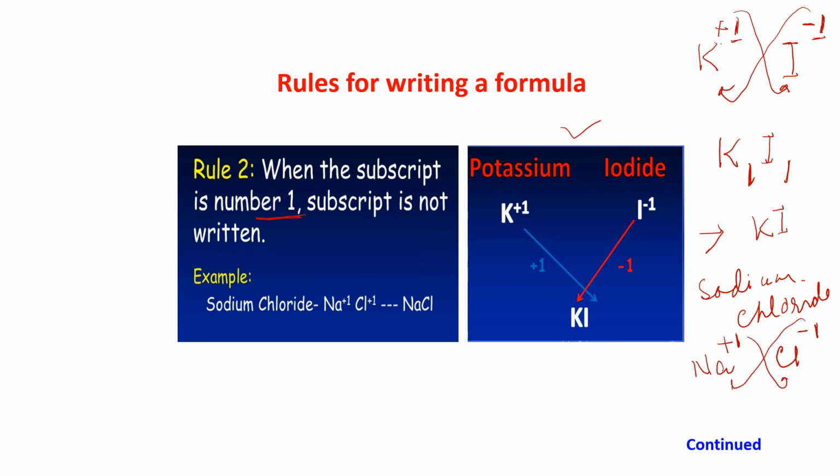Crisscross. With sodium, this one is coming, from chlorine, this one is coming, and both are having 1 and 1. So the formula is simply written as NaCl. See here, NaCl. Am I clear to you?